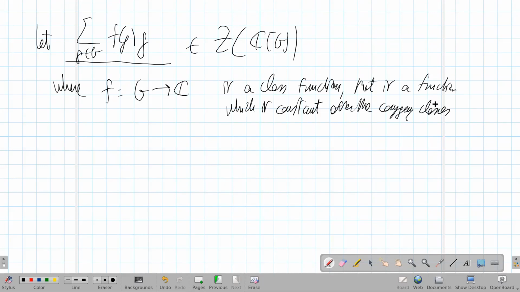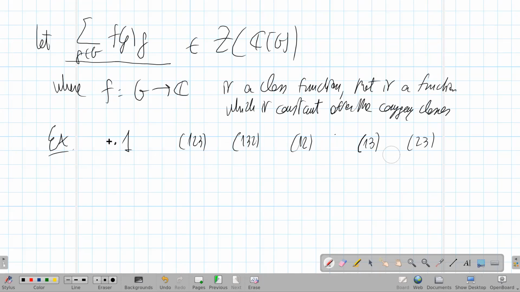Just to make an example with S3. So for instance, you consider these elements. If we make a linear combination of these elements with arbitrary coefficients, we obtain an arbitrary element of the group algebra. If we want an element in the center, we have to make sure that the coefficient we put in front of the elements is constant over the conjugacy classes.